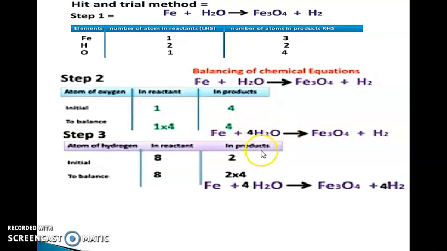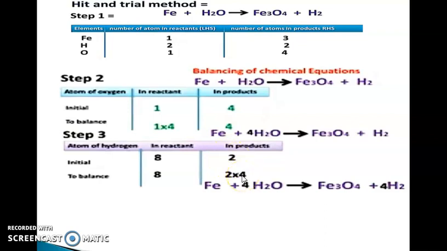So to make 8 atoms of hydrogen on the product side, we have to multiply this 2 by that number which makes 8. So we will multiply this 2 by 4.